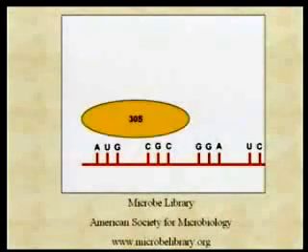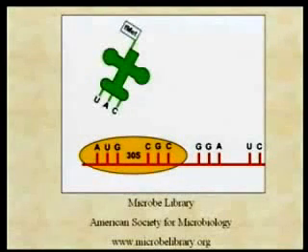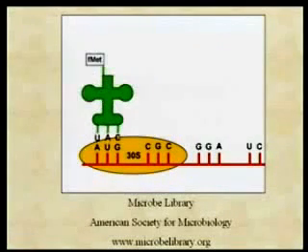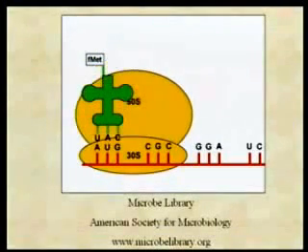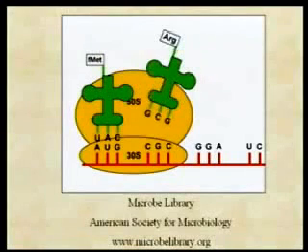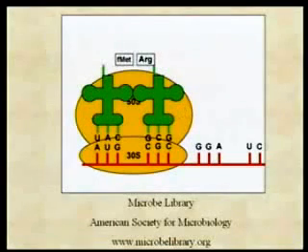All right, so here's a little movie on erythromycin's action. Initiation of 50S complex. Elongation proceeds normally. The tRNA is delivered to the A site. Peptide bond formation occurs normally. And then we go into translocation.